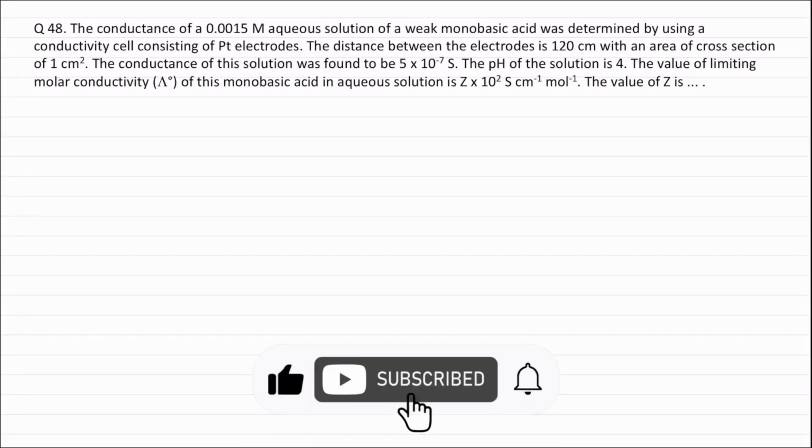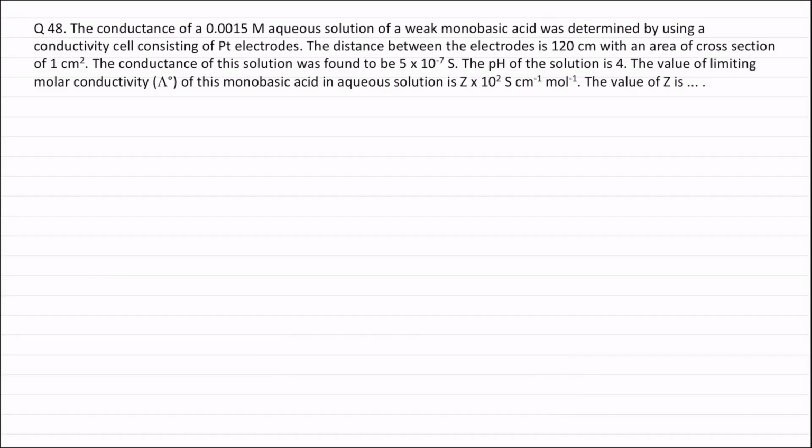Question 48. The conductance of a 0.0015 M aqueous solution of a weak monobasic acid was determined by using a conductivity cell consisting of platinum electrodes. The distance between the electrodes is 120 cm with an area of cross section of 1 cm square.